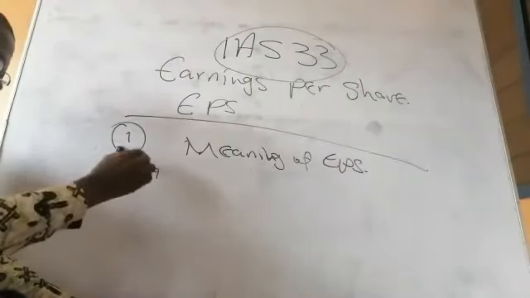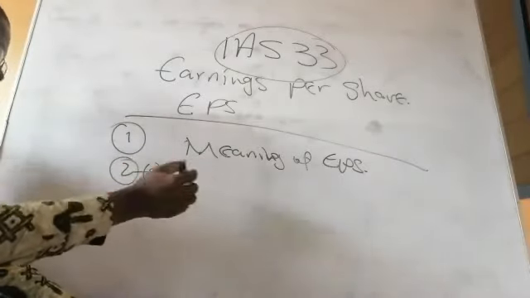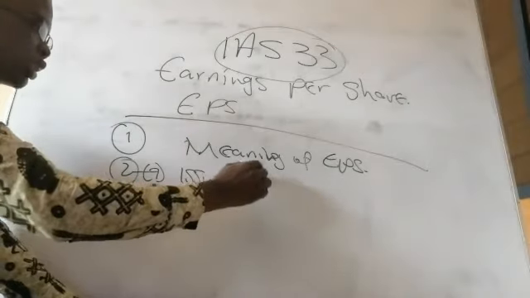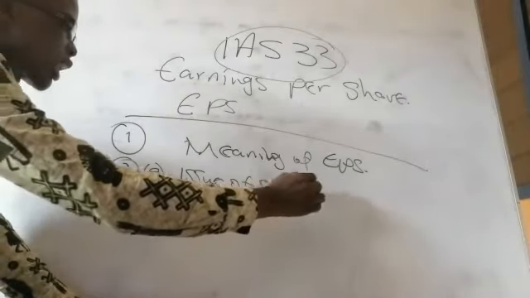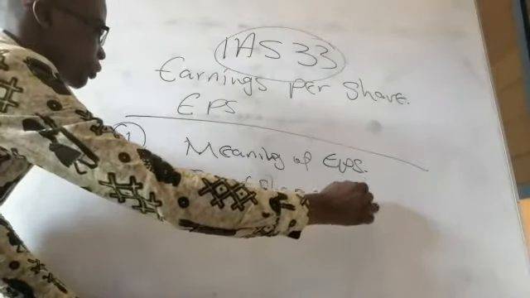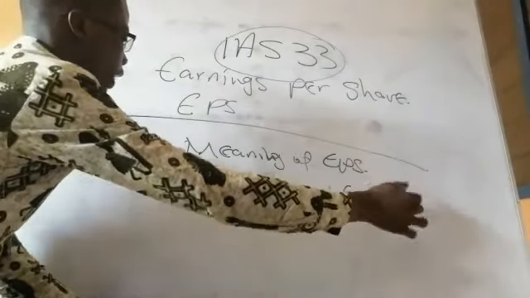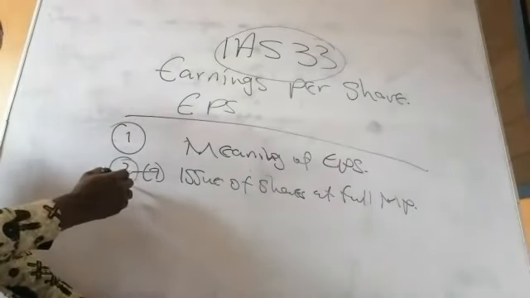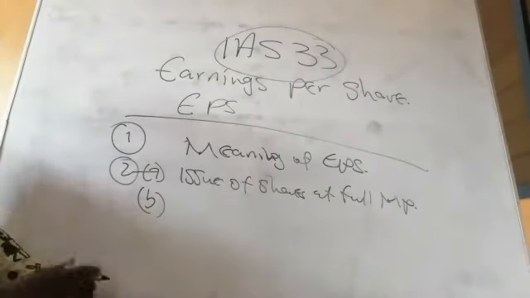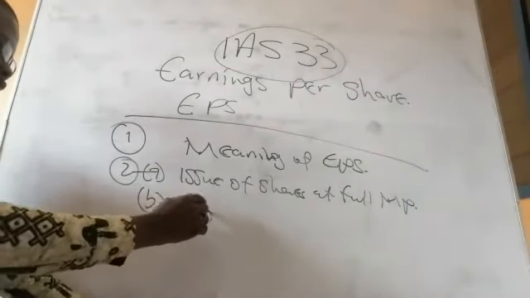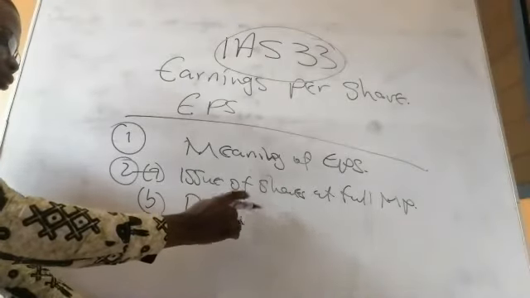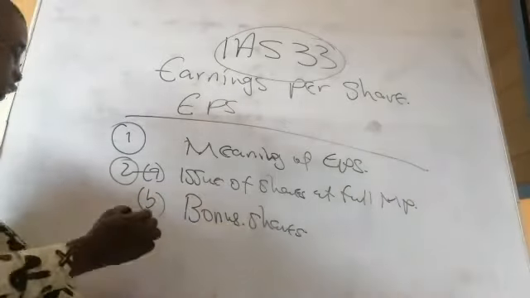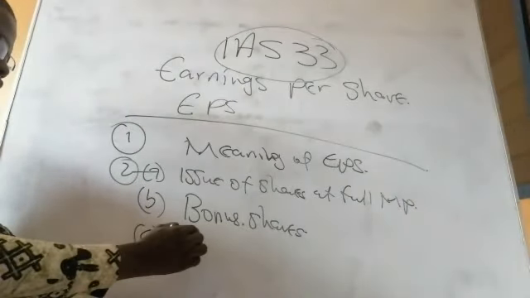A, issue of shares at full market price and how it affects the earnings per share. B, bonus shares. And finally, rights issue.